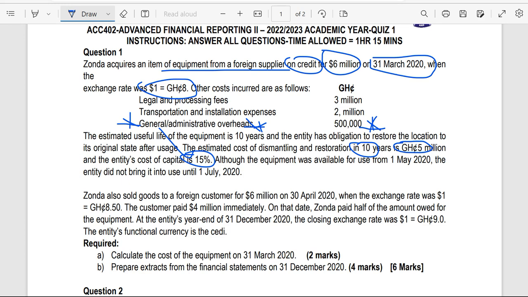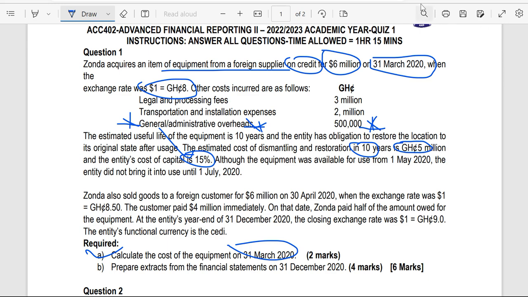The first requirement said calculate the cost of the item at inception, 31st March 2020. So the cost is the importation cost of 6 million translated at $1 equals 8, plus the legal fees, plus the transportation, plus installation.